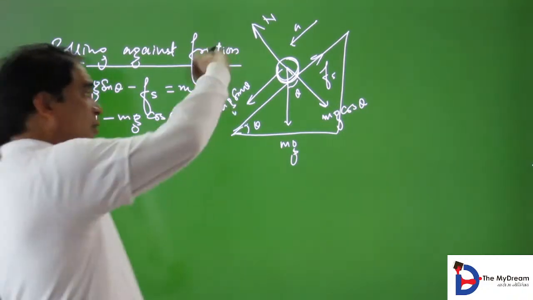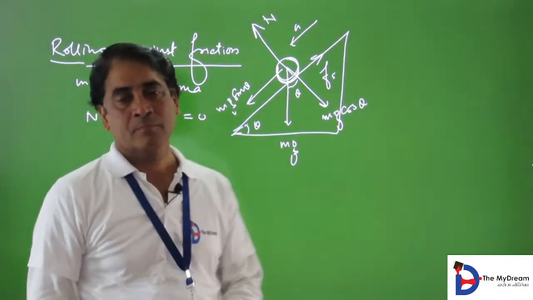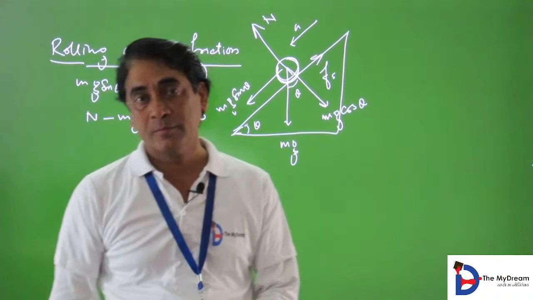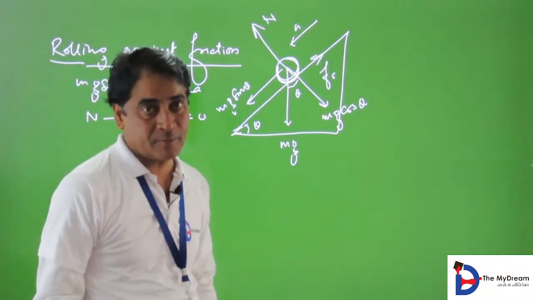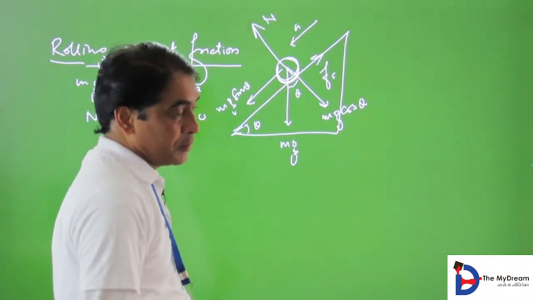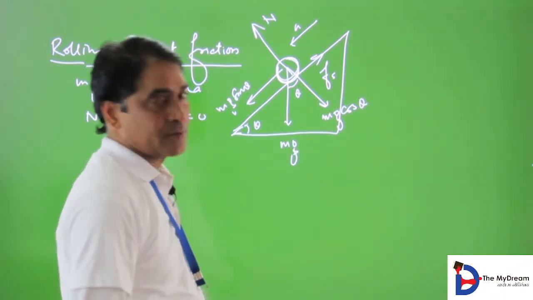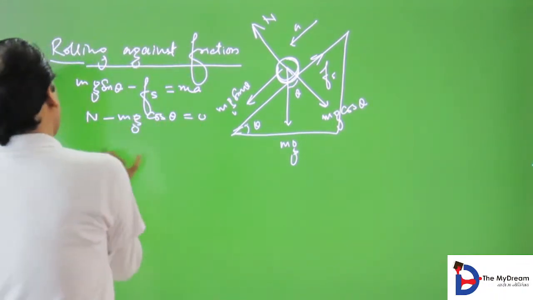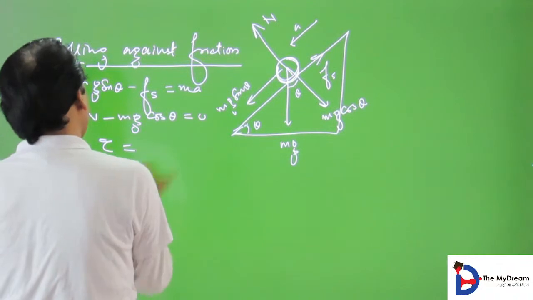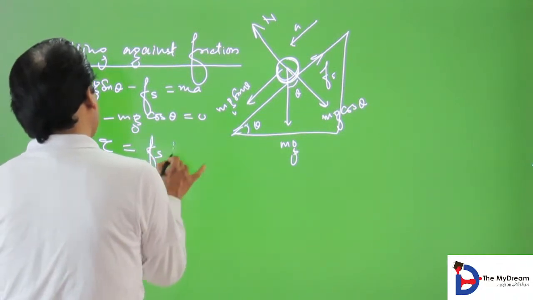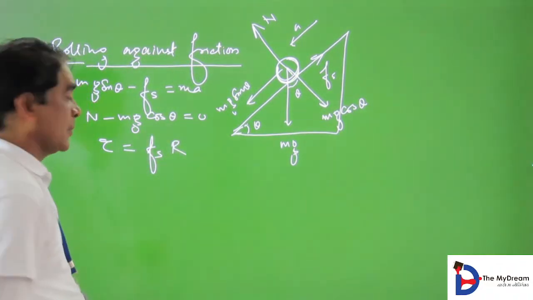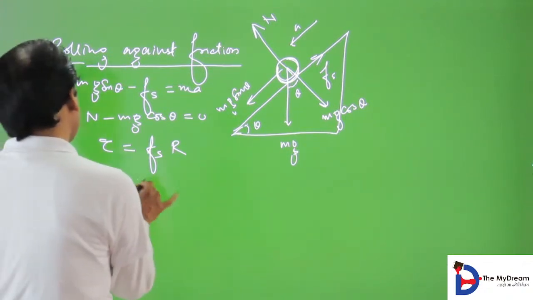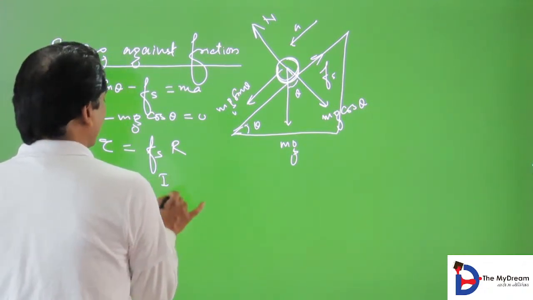Now as it rolls, the torque due to the friction is in terms of moment of inertia.